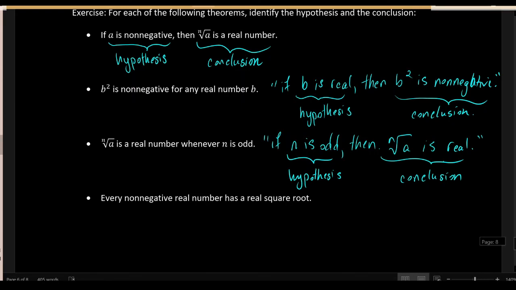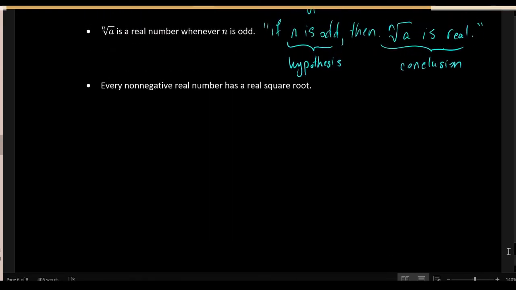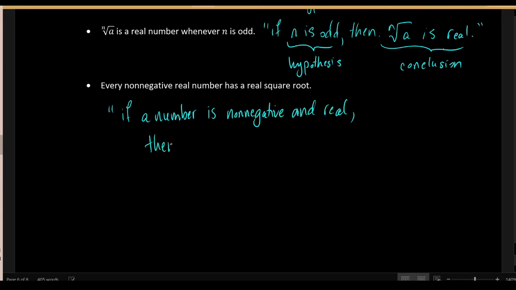And finally, every non-negative real number has a real square root. So in other words, if a number is non-negative and real, then that number's square root must also be real.